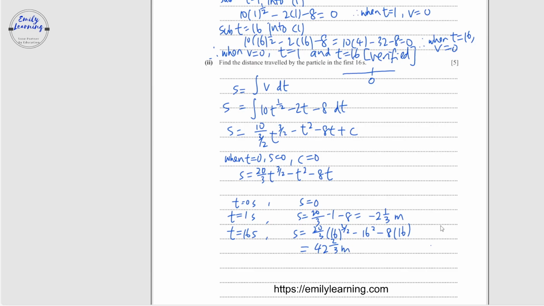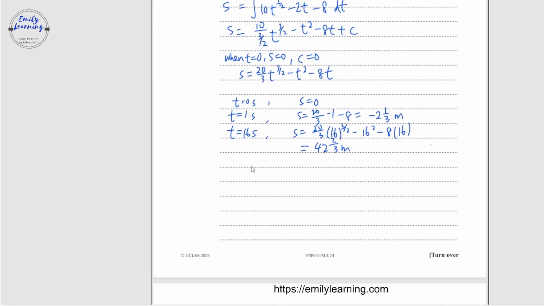With that, let's sketch out how it is moving. At t equals 0, this is the reference point.